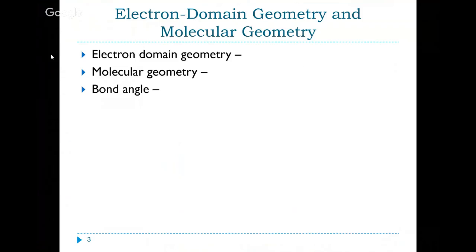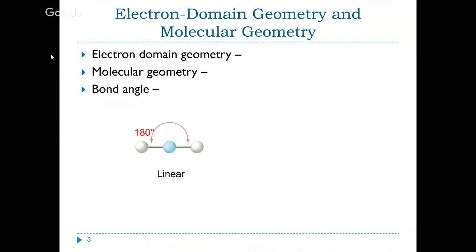That's the total. Your molecular geometry is only concerned with the bonded pairs of electrons, because we don't see electrons. We can see the atoms. And lone pairs of electrons will affect the overall shape of the molecule.